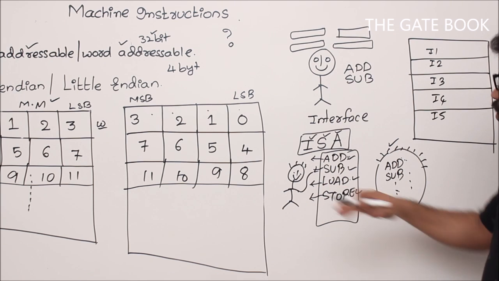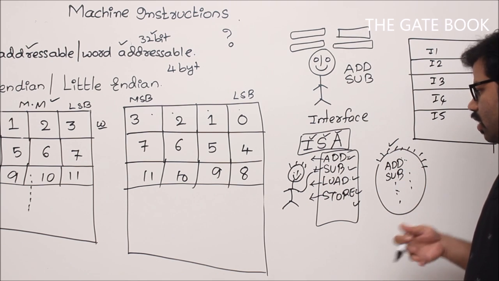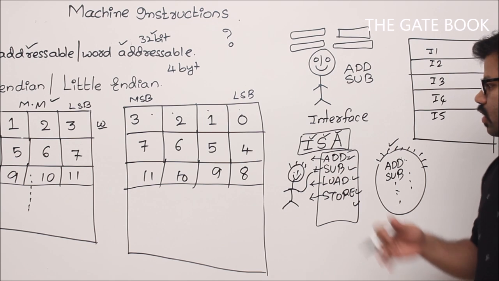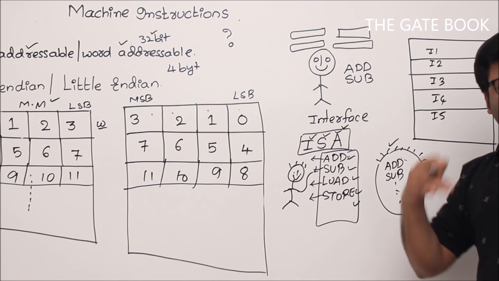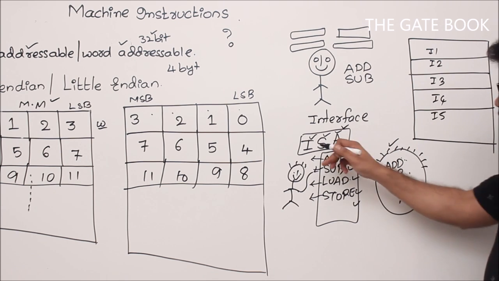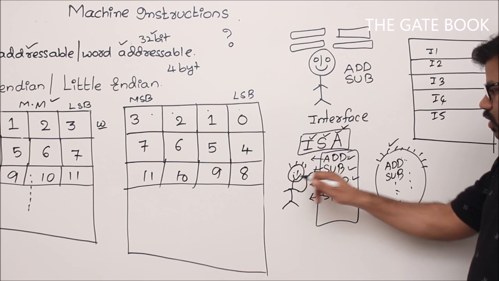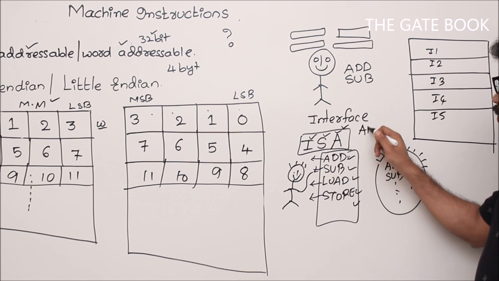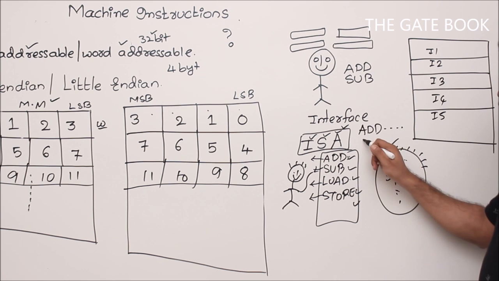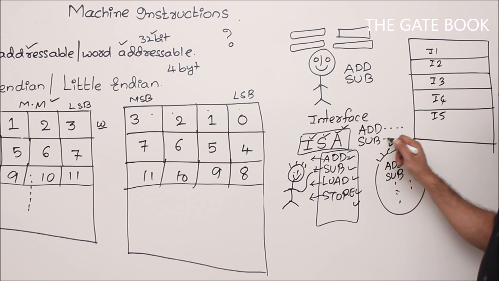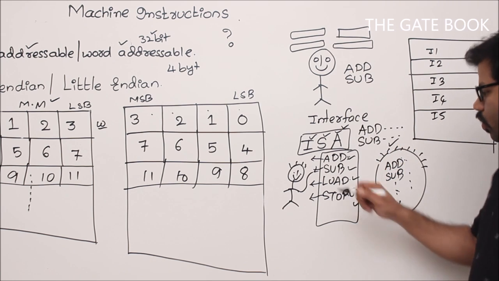If you want to do one of the operations of your computer, you have to mention the syntax. The instruction set architecture says, my dear user, this is the syntax to do addition, this is the syntax to do subtraction. Based on that we are going to do it.